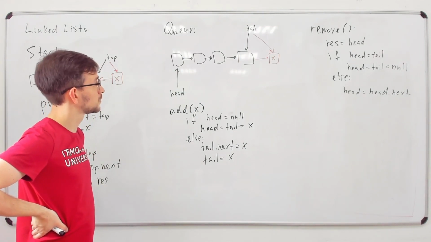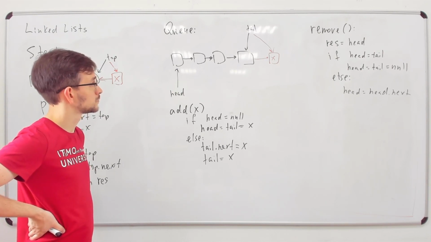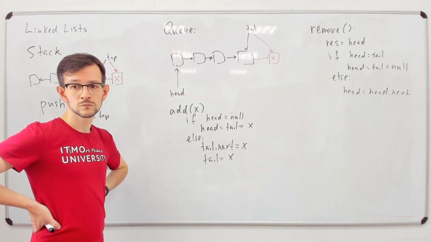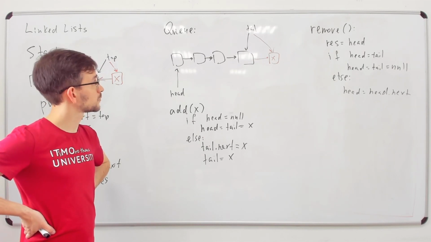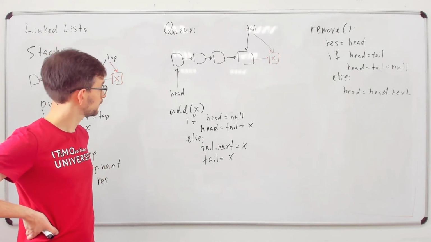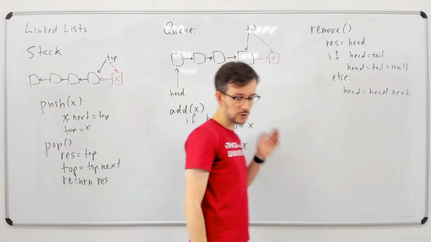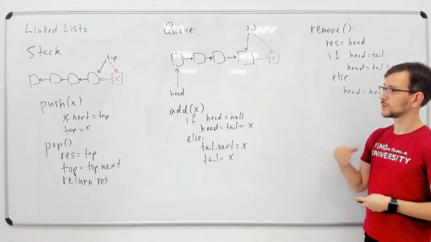Looks fine. Is it correct? Looks correct to me. That's all. That's how you implement stacks and queues in the pointer machine model. It's pretty simple.